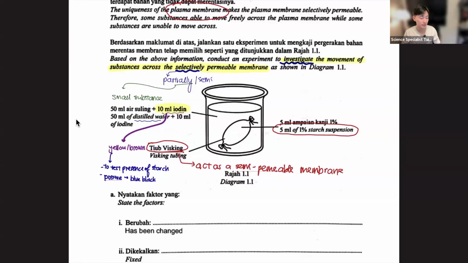Starch is very, very big in molecule size. Even if you put water inside, even if it is just 1%, they will not pass through the Visking tubing. So starch will remain in the Visking tubing.